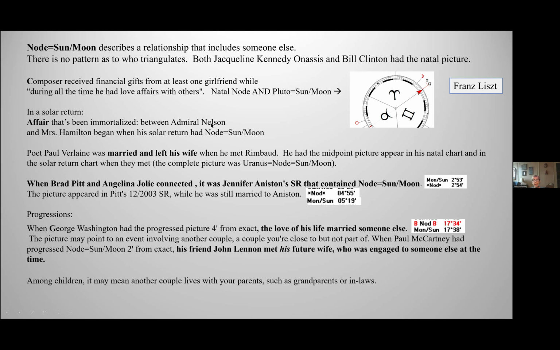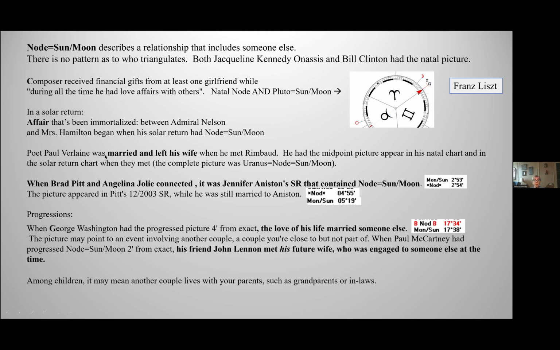So for example, if Mrs. Nelson had come as a client and you saw that her husband had node equals Sun Moon in his solar return, you could tell Mrs. Nelson, your husband is triangulating this year. That is the value of seeing it. I find it to be a huge value in my work with solar returns and consulting with clients about the condition of their relationship.